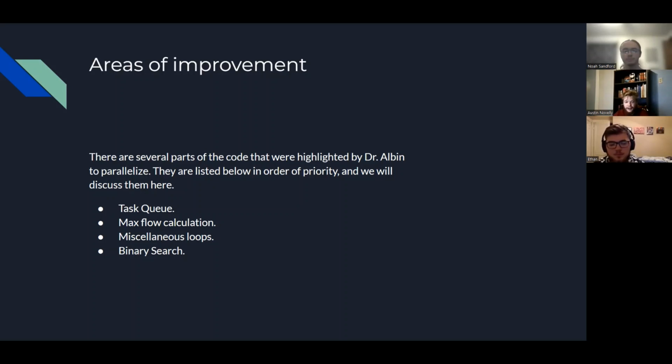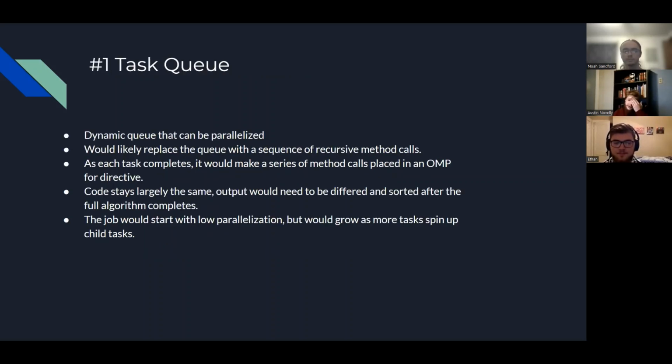There's a max flow calculation, as we have discussed. There's random miscellaneous loops that we can try to parallelize if we get to that. And then Dr. Albin did suggest the binary search as a target for parallelization, which for reasons we'll discuss later, we're not going to pursue.